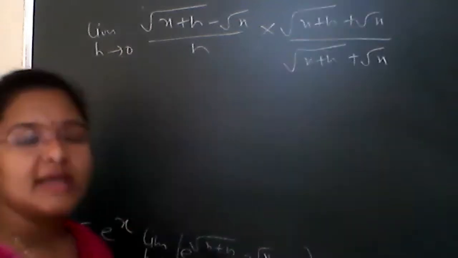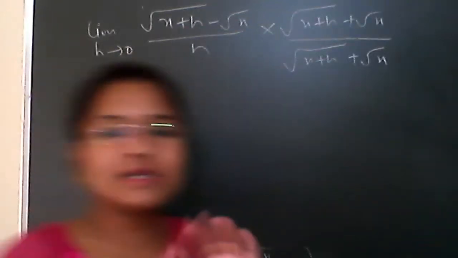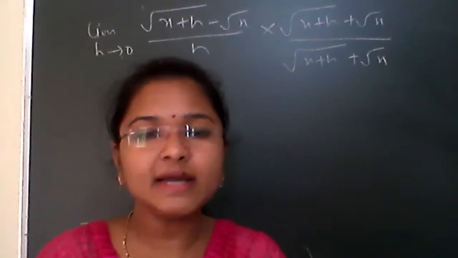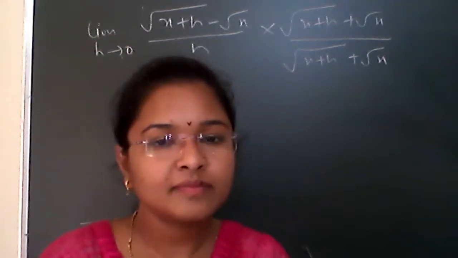Now a minus b into a plus b, so we have a square minus b square. Here our a is root x plus h, so its square will be x plus h only. Is it clear?